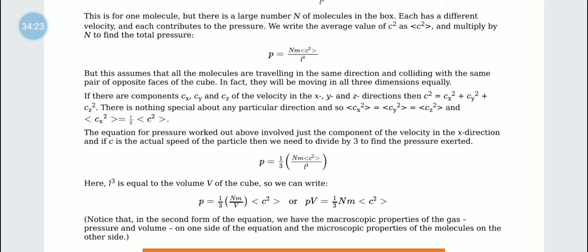Now you know about 3 dimensions. So in all 3 directions it would have components.